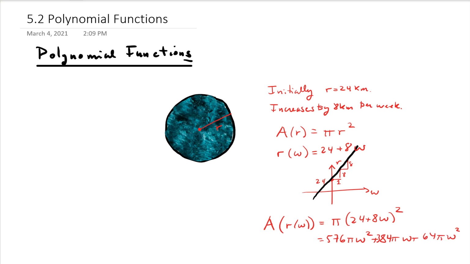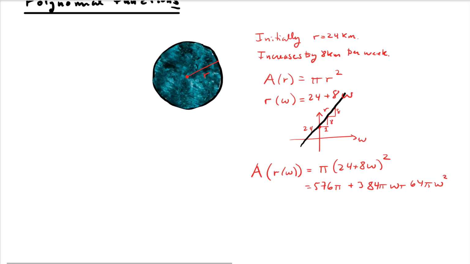Well, there's no w squared here, just like that. 384. Okay, and that's hard to read. This is a plus sign.